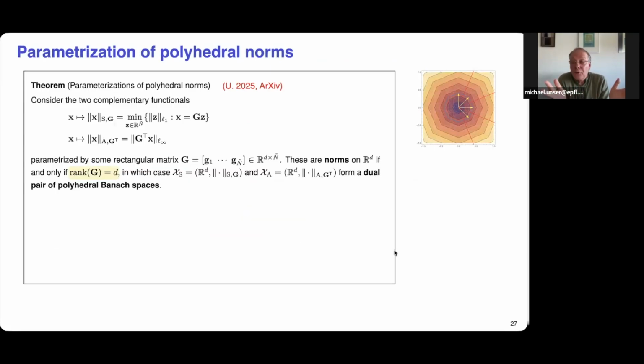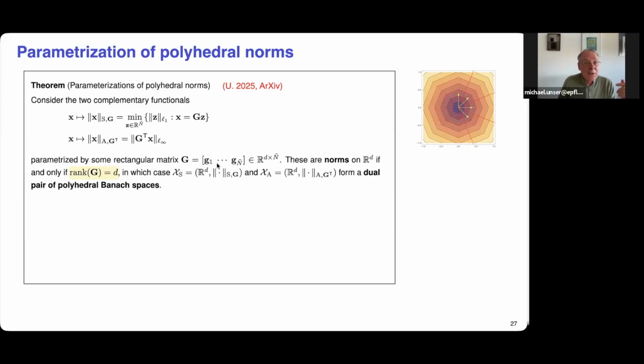This suggests a parametrization of polyhedral norms. If you look at the following scheme, let's create a rectangular matrix that has a number of vectors greater than the ambient dimension D. Then either you can look at it like that and define a kind of L1 norm, which will define the polyhedral norm, or you can use this dictionary, as the transpose, as a regularization operator and apply the L infinity norm.